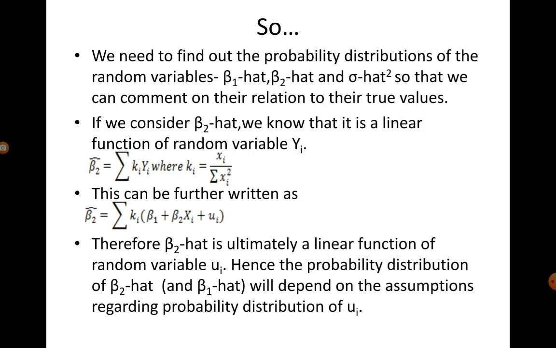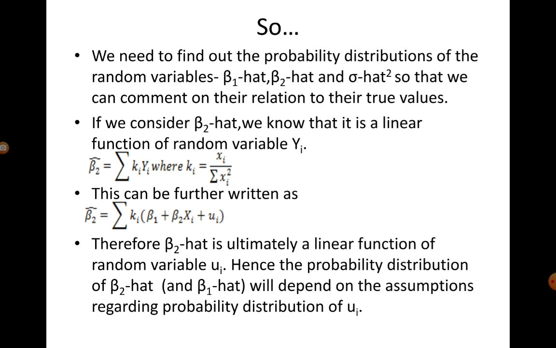So, in order to find out the probability distributions of these random variables, we know that beta 2 hat is a linear function of random variable yi, right? The dependent variable in our regression model.